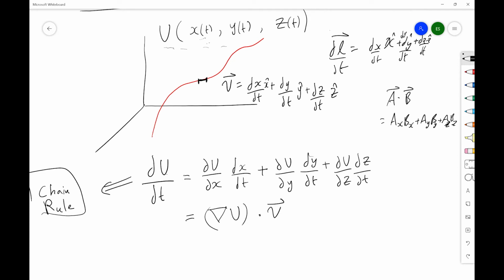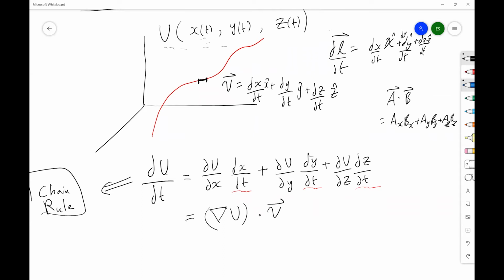Where is v here? This looks like a dot product, right? V is this: dx over dt, that's the x component of v, dy over dt, that's the y component of v, dz over dt, that's the z component of v. So we have the v vector here.